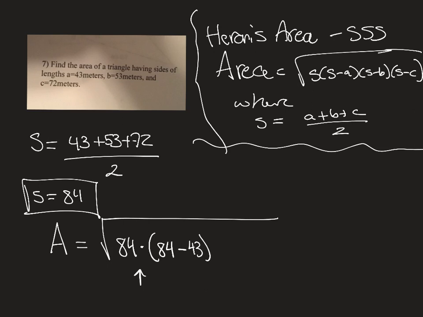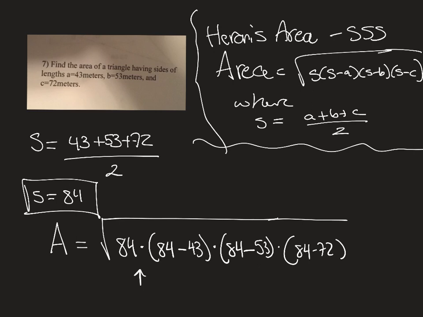But I'm going to write it out of habit. Times 84 minus B, which was 53. Times 84 minus 72. So I'm going to go ahead and just type this in my calculator. And make sure you type the square root as well, because that gives you the answer as soon as you are done. So take a moment, pause the video real quick, and do that.